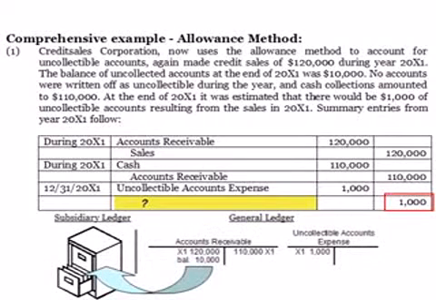Think of this subsidiary ledger as a filing cabinet full of customer files. Whenever a customer buys something on account or pays an account balance, we debit or credit accounts receivable in the general ledger. We then record the sale or the collection in the customer's file.